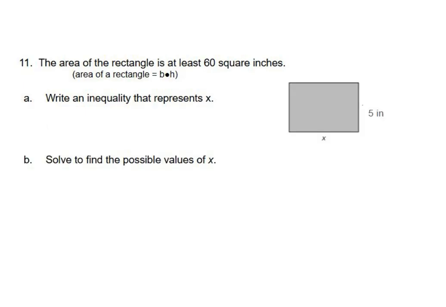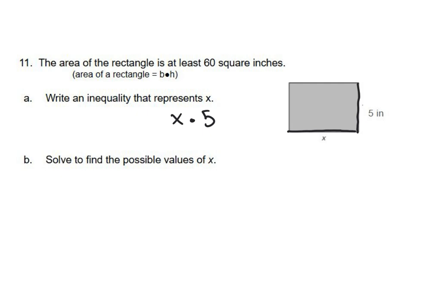And then the last one, the area of the rectangle is at least 60 square inches. Write an inequality that represents x. Solve to find the possible values of x. So what I notice right away is area is base times height. So that's going to be x times 5, or we could write it as 5x.